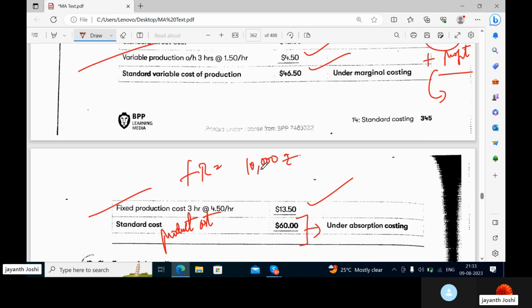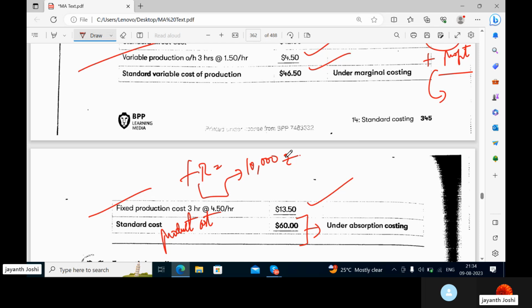The total factory rent you're paying is 10,000 rupees. If I want to find out how much factory rent has been absorbed or incurred for making 1 unit of the product, how will I know that?